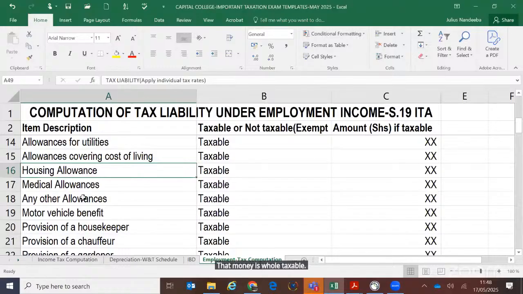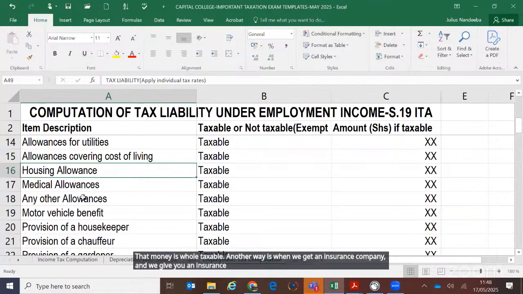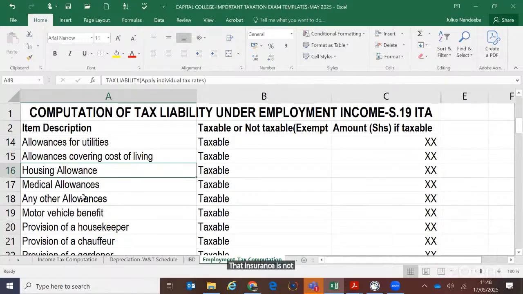Another way is when we get an insurance company and we give you insurance for yourself and your family. That insurance is not taxable. It is a benefit, yes, but it is a benefit that is not taxable.